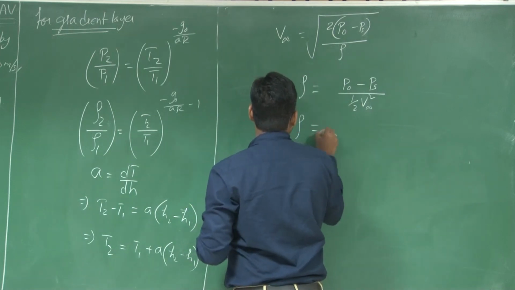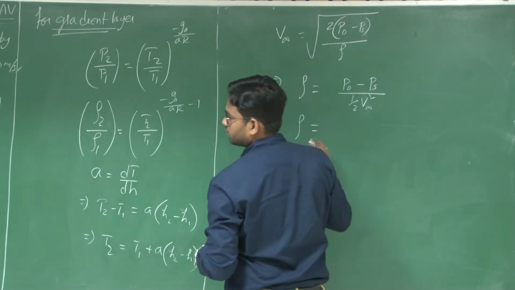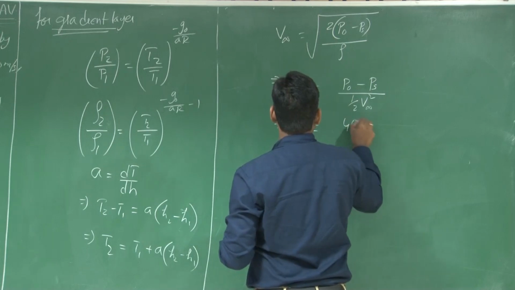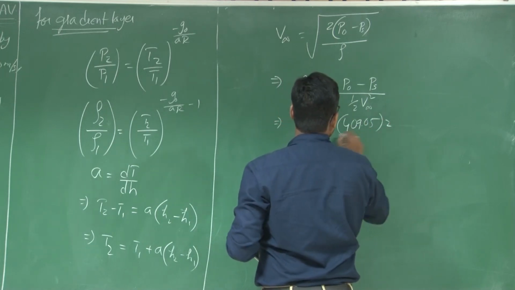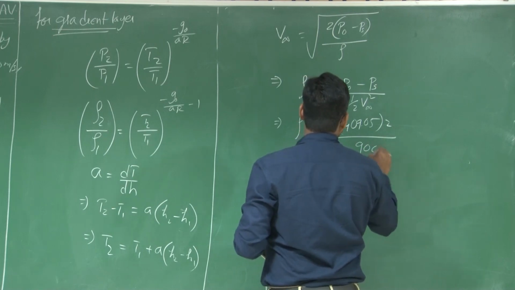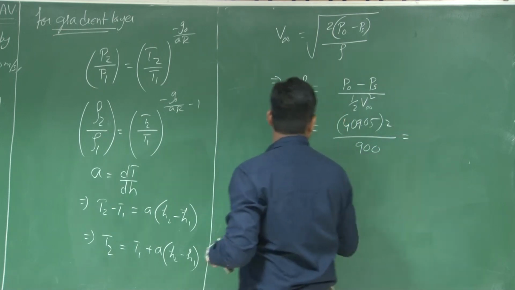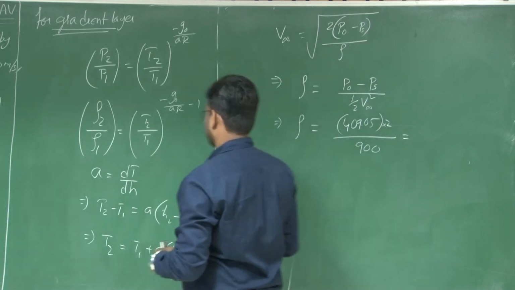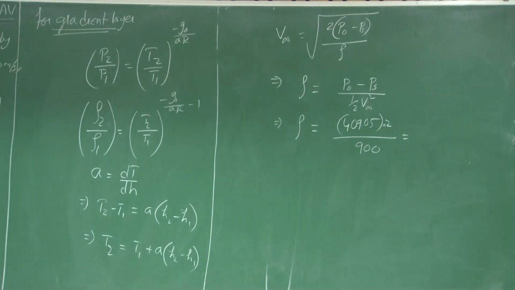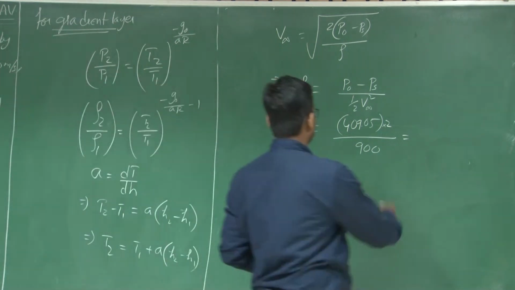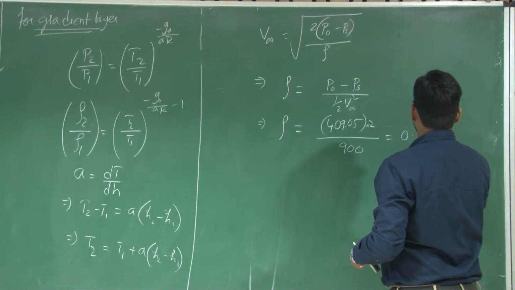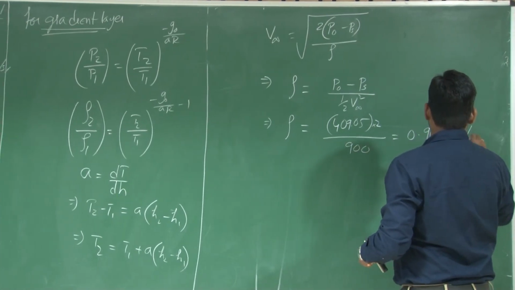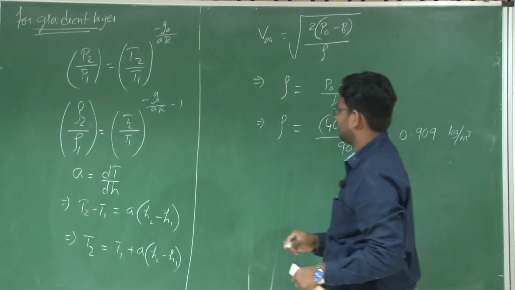From here I can get the density, because P naught minus Ps is 409.05, twice, divided by 900. That is 0.909 kg per meter cube.